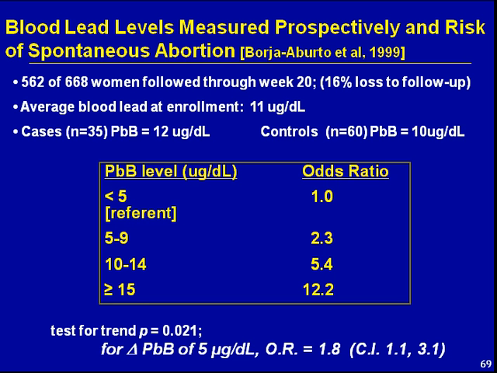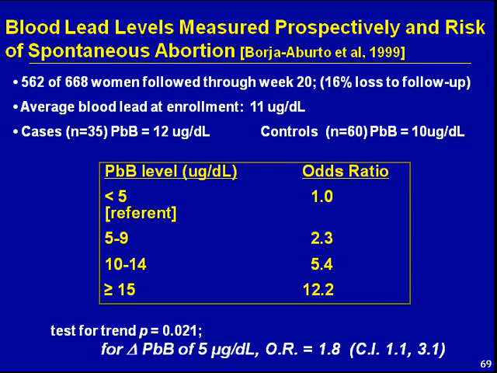And there's good evidence now that there are significant reproductive risks at quite low levels, lower than for some of the other problems that we have been discussing. In a prospective study that measured blood lead levels in pregnant women, there was found to be a substantially elevated risk of spontaneous abortion in women who have blood lead levels in the range of 5 to 9.